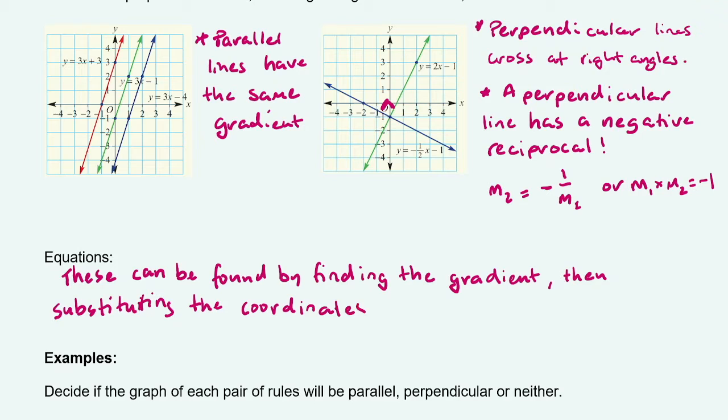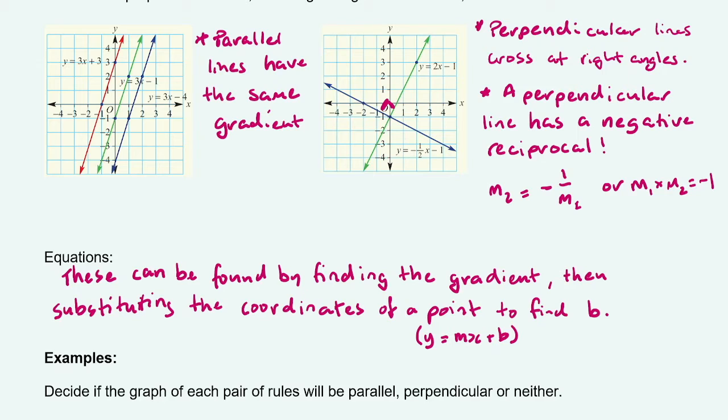We use the coordinates of a random point on the line. Make sure it's actually on the line though. And we're obviously using y equals mx plus b.